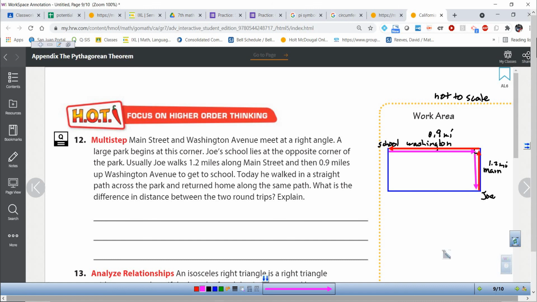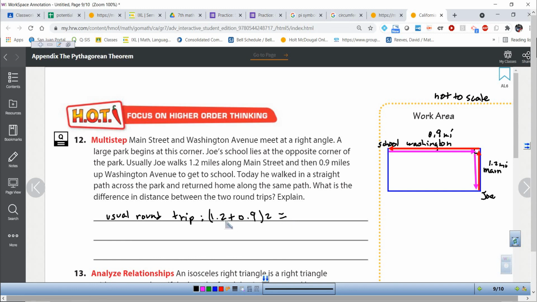So his usual round trip would be 1.2 plus 0.9 times 2, because he does that twice.